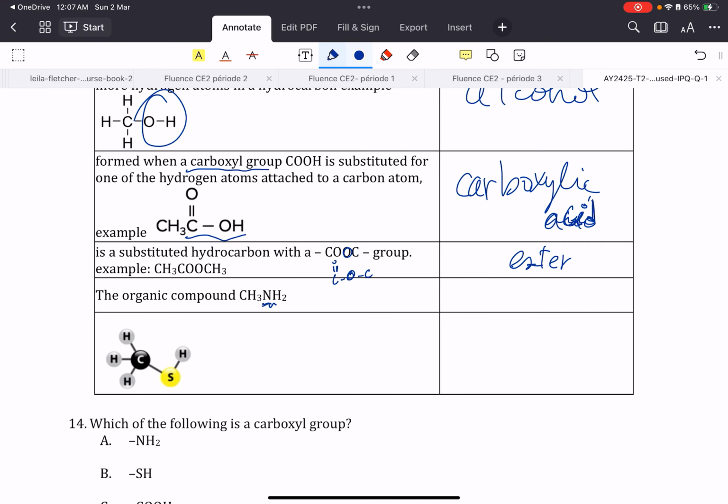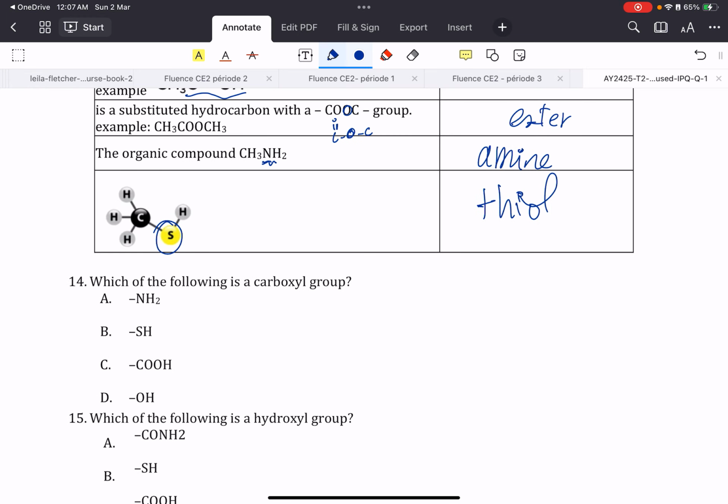The organic compound containing N is the amine. Be careful, not amino. Amino is the name of the functional group. And the functional group here is thiol, and also the family name of sulfur containing compounds is also thiol.